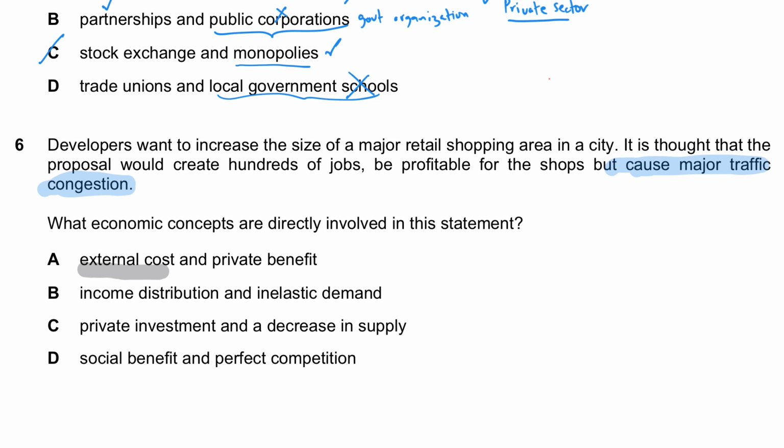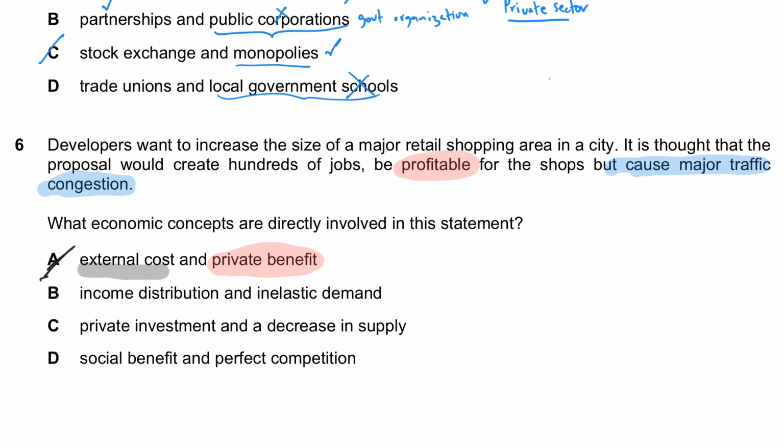That external cost is happening primarily because of the externality that it will cause because of this project. Then another thing is that the major retailing area would be profitable, and the profitability would mean that there is actually a private benefit as well. So the best answer for this one would be A, which says external cost and private benefit.